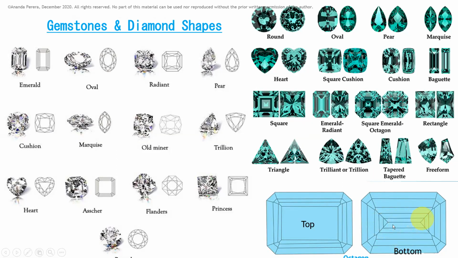Culet is this line. Look at here. Emerald cut. Oval. Radiant. Pear. Trillion. Old miner cut. Marquise cut. Cushion cut. Heart shape. Heart cut. Asscher. Flanders. Princess cut. Those are the cuts.